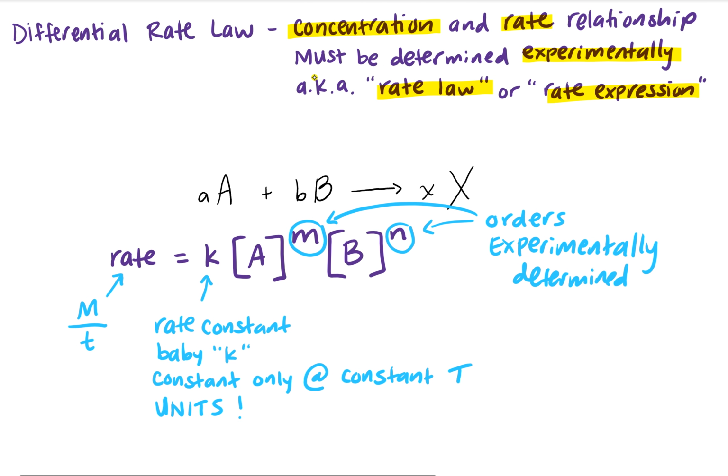They are not the coefficients from the balanced equation. Notice I did not use the lowercase a or the lowercase b. So we're going to do experiments to determine these exponents on our reactants, and we call these exponents orders. We only include reactants in our differential rate laws. We will not include the product X.